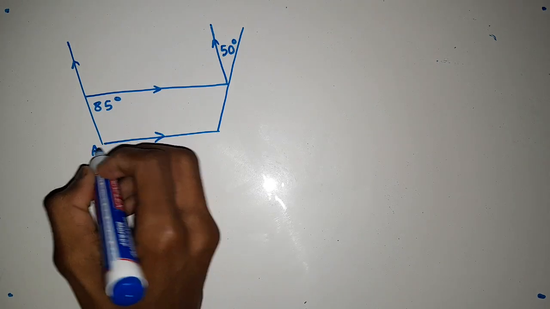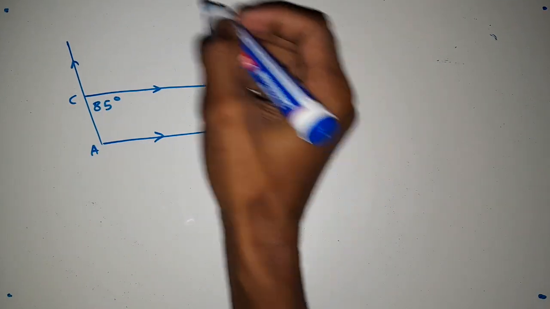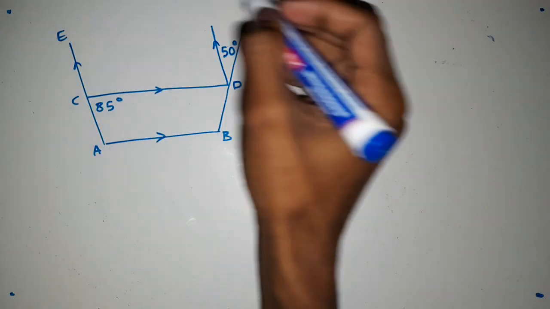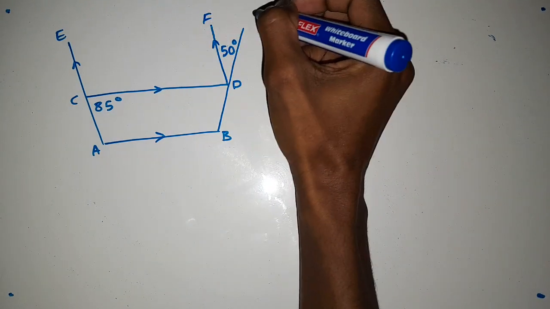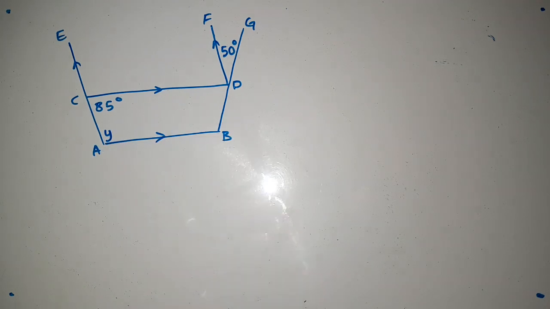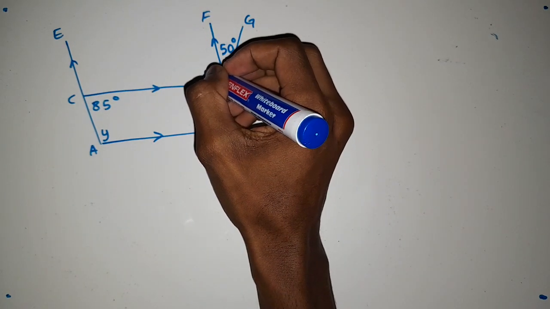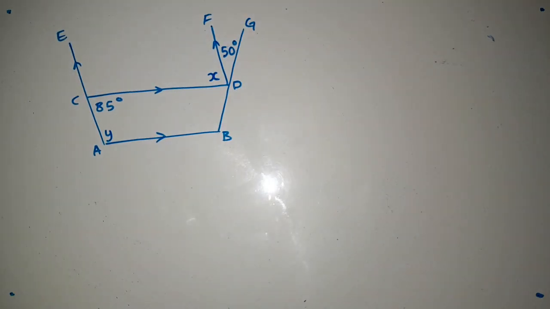Let me say this one's A, B, C, D, E, maybe F, let's say G. Then I ask you now the question to say, figure out the value of, let's say, X. How then are you going to figure out the value of X in this situation?